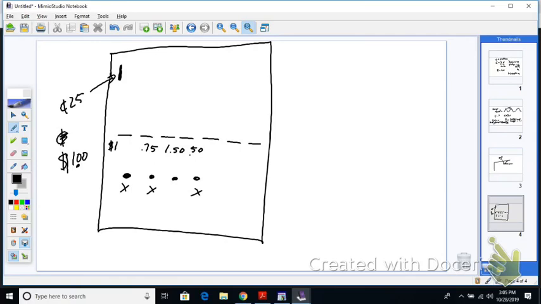You have to put in at least 50 cents if you want to get something out of the machine. Now, what if you put in $1? Could you get 2 of the 50 cent? Yeah, you can get 2 out. But you could only get 1 of the $1 out.